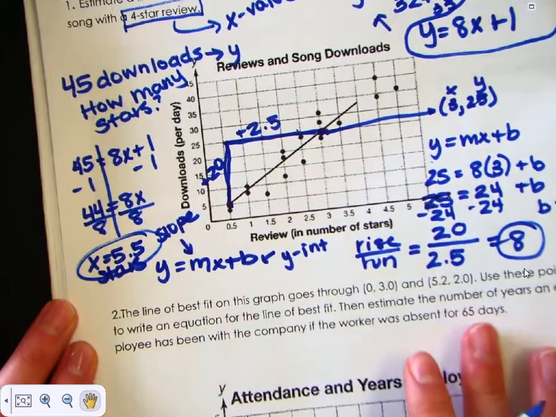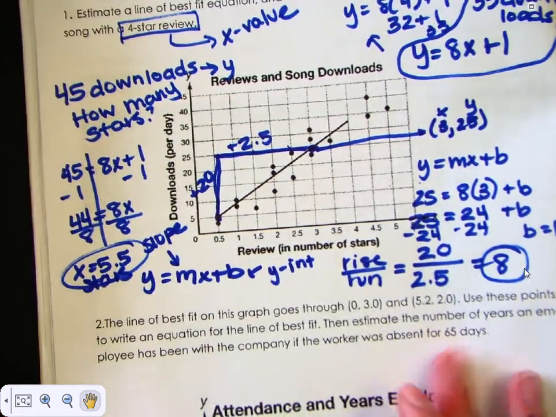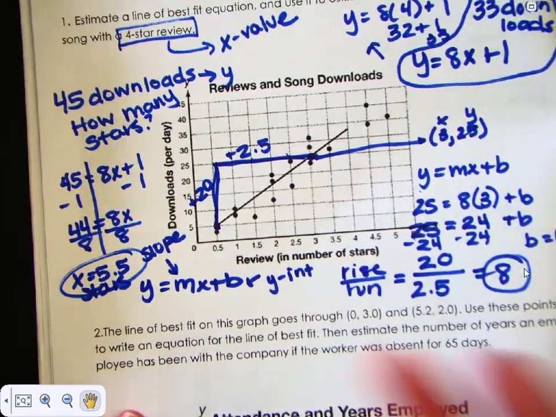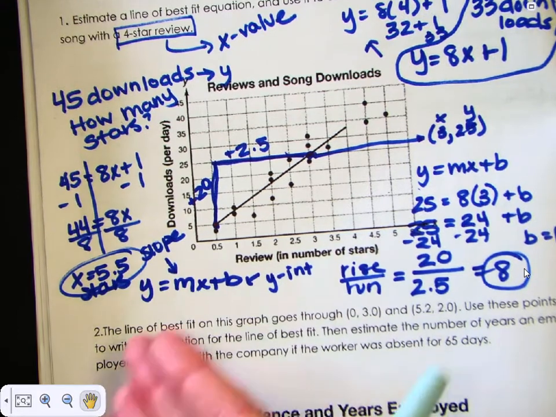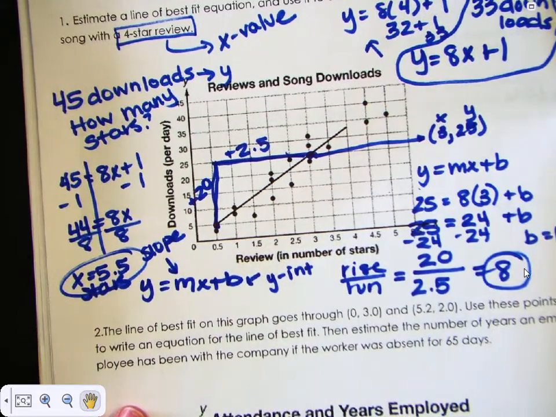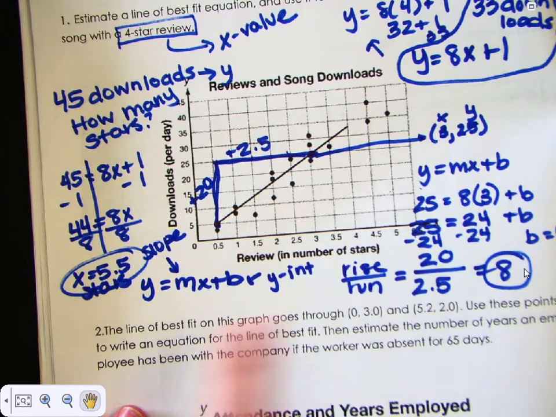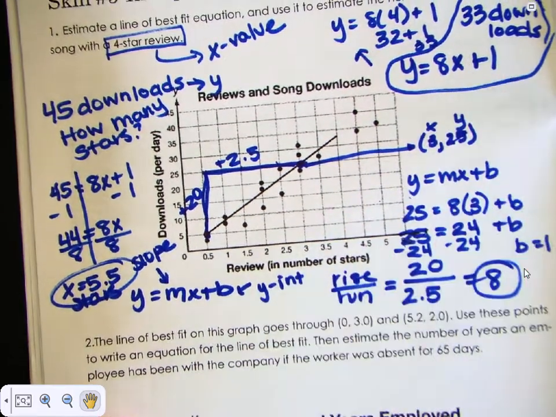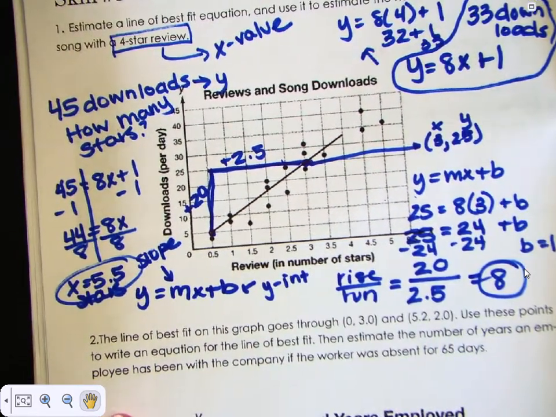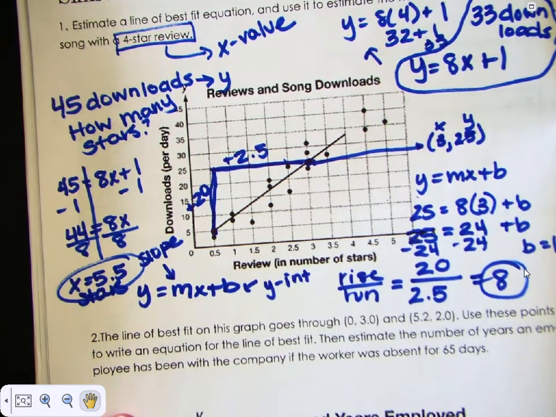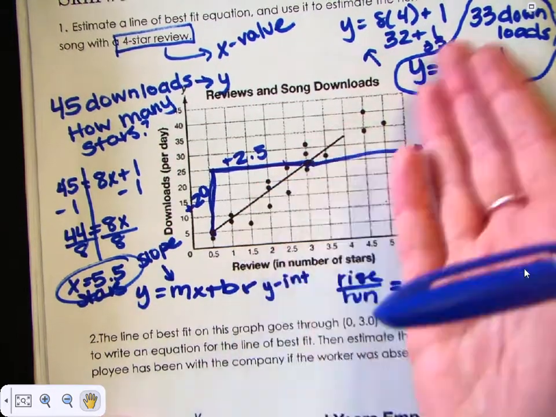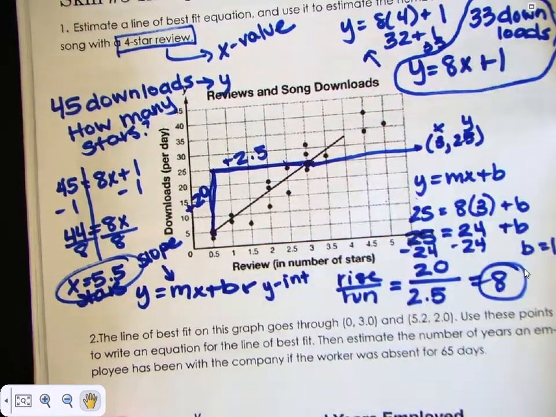I know this is kind of messy and we've done a lot, but basically we're just using the line of best fit to predict things. So the line of best fit tells me what my data is trending, so I can use it to predict what my data is most likely going to look like. If my data has an outlier, it's not going to predict that, but it will predict following the pattern of the data.